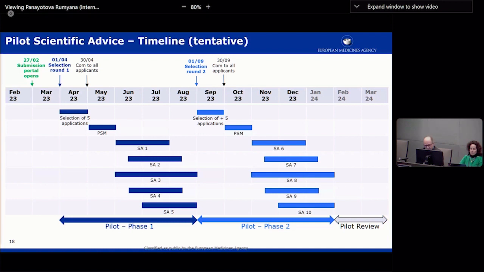And in April, we'll start with the selection of the first 5 applications for this first phase, and then we'll repeat the process at a later phase after September with the adaptations that might be needed then.